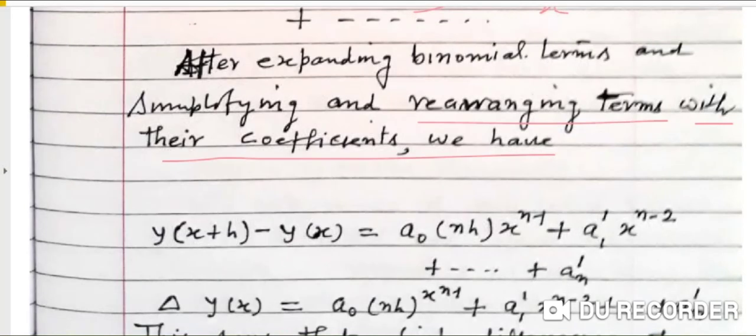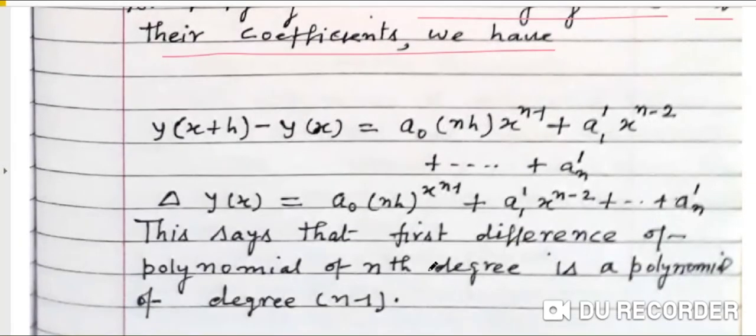So ultimately what we are going to have, you look at here, this difference is what? This is the first difference I am talking about, nothing else. Of what? The basic polynomial is what? Yx. The basic polynomial is yx. The first difference is going to be a naught.